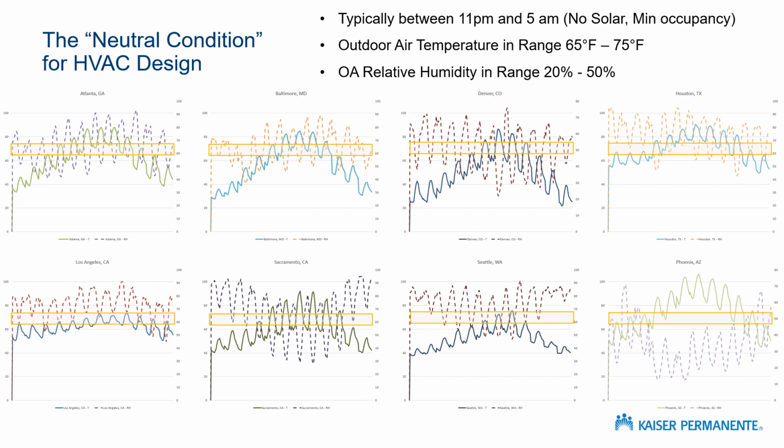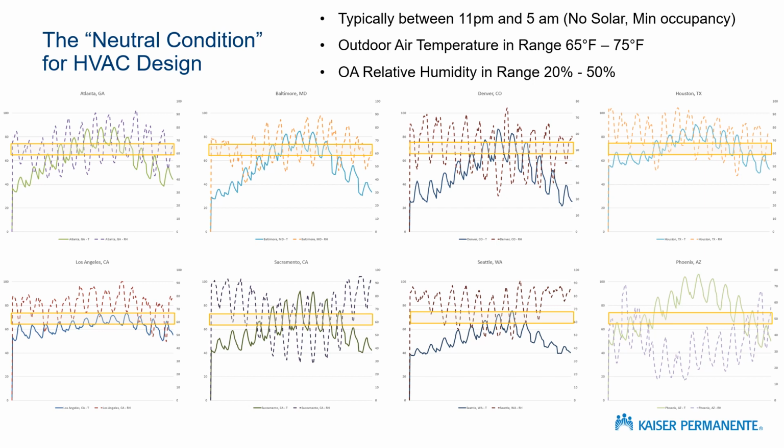And also, I think the neutral condition should be designed overnight, where it's between 11 p.m. and 5 a.m. So the sun is down, there's no solar load, and you're generally dealing with the night shift, and any patients that are essentially living in the building, most of them will be asleep during those hours. So during those hours, that truly is a neutral condition.